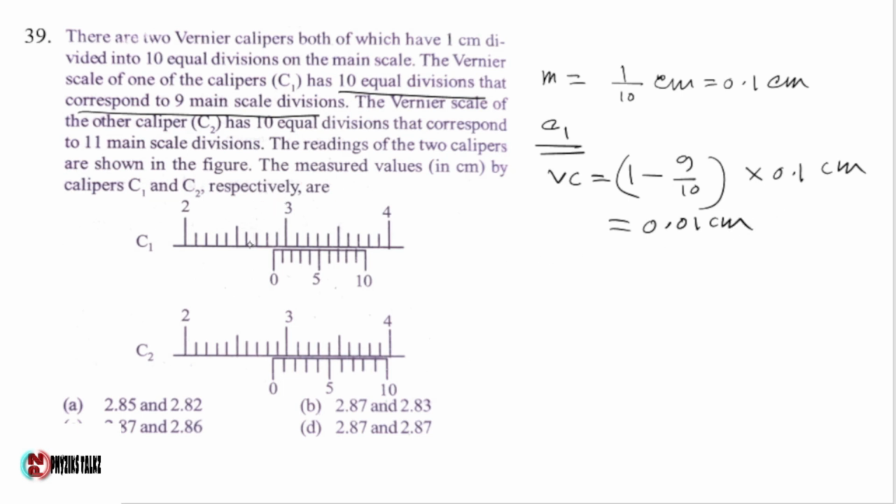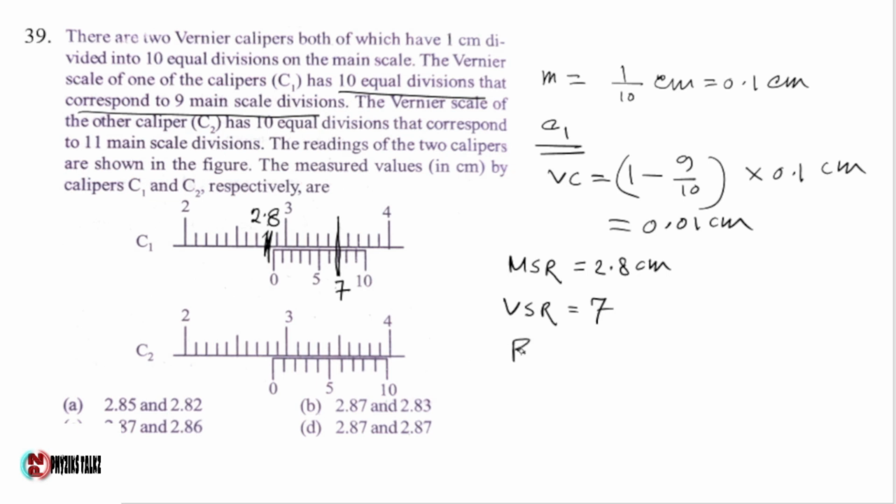Now here the main scale reading is given by this value, which gives 2.8. So here the main scale reading MSR is 2.8 centimeter, and the vernier scale reading is the number which coincides with the main scale, which is 7.